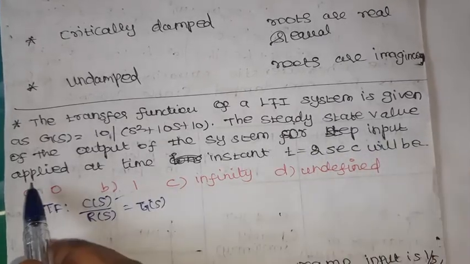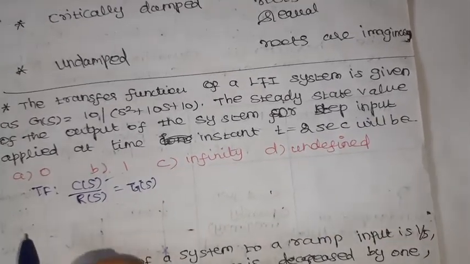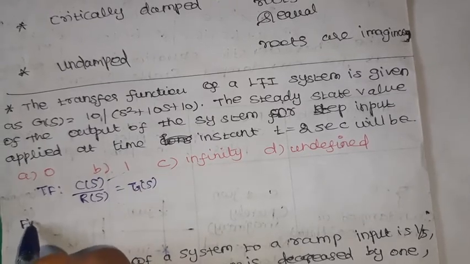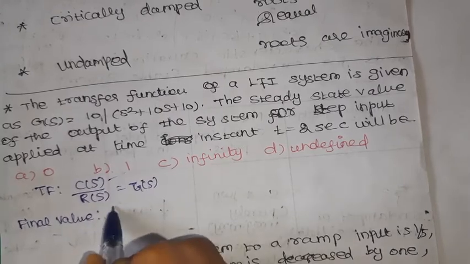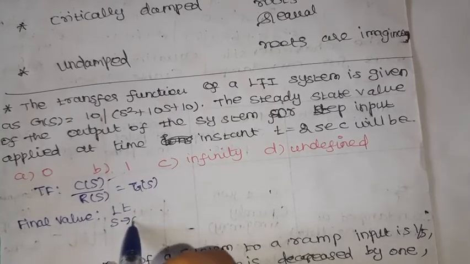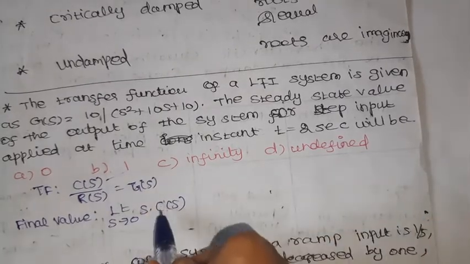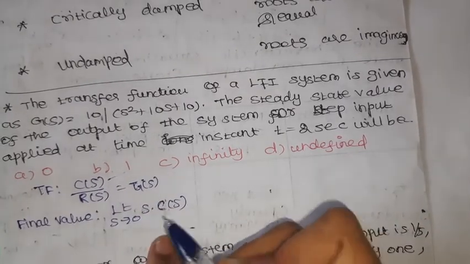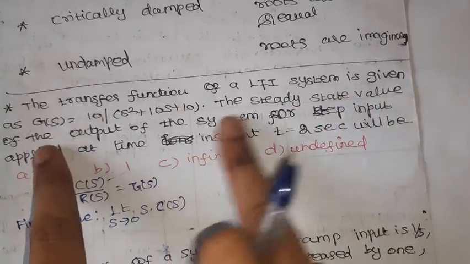We need to find the steady state value of the output, which is nothing but the final value. By the final value theorem of Laplace transform, limit s tends to 0 of s into C of s, where C of s is the output.